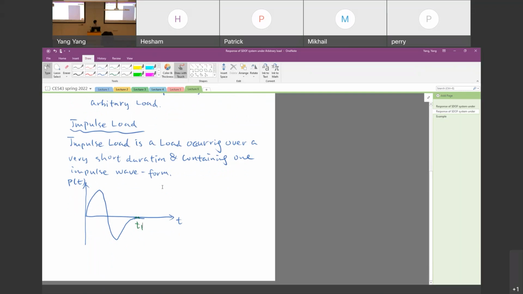So this is a typical impulse load. In a very short time it reaches the maximum. Then the force may change its direction.